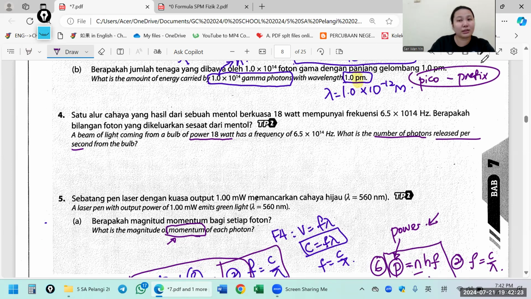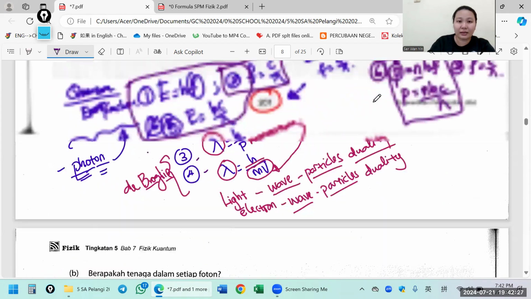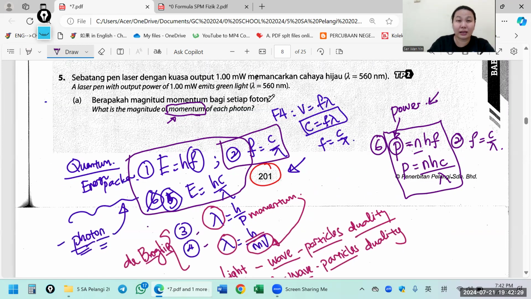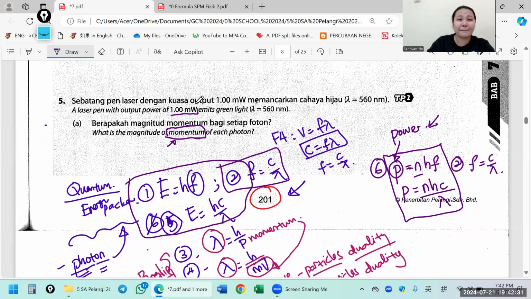If you don't remember, it doesn't matter as long as you have a calculator. Actually, this is 1.00 milliwatts. And this one is lambda equals 560 nanometers.